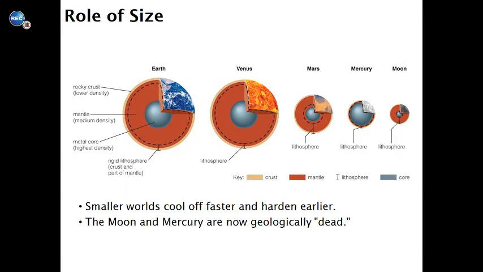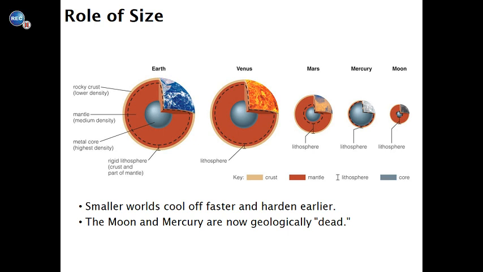Now, the rate at which it loses energy depends on how much energy it originally had and how fast it can radiate it away. So what we see amongst the planets is the smaller worlds like the Moon and Mercury are basically cool.